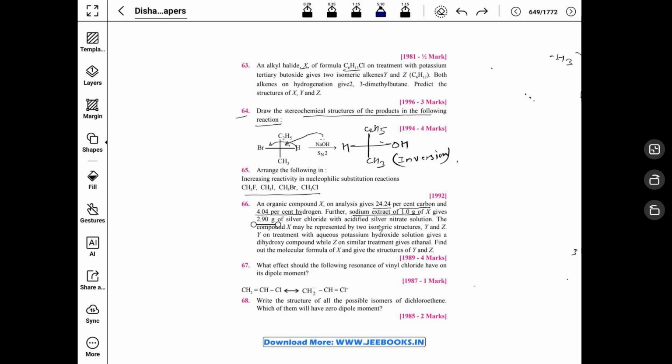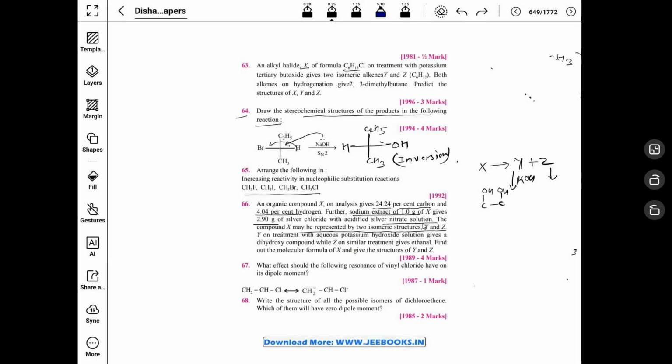The compound X may be represented by two isomeric structures Y and Z. Y on treatment with aqueous potassium hydroxide gives a dihydroxy compound, something like this, and Z on treatment gives ethanol.